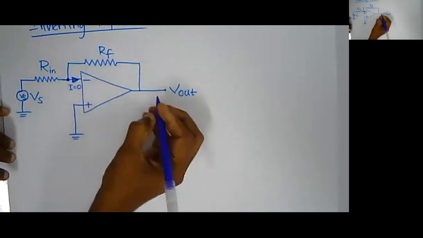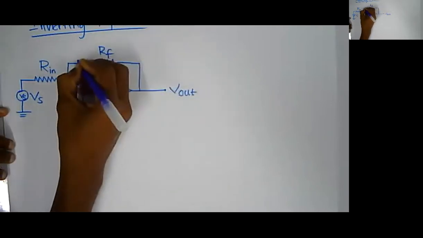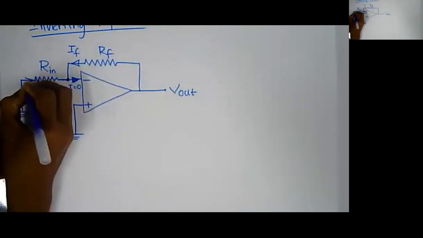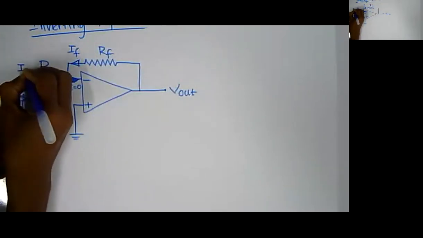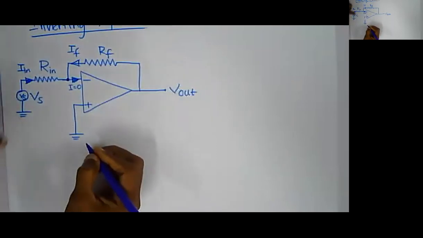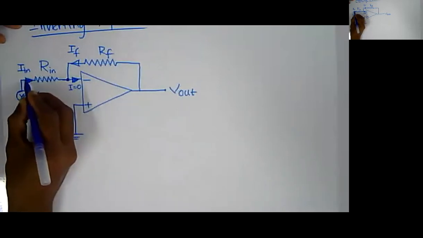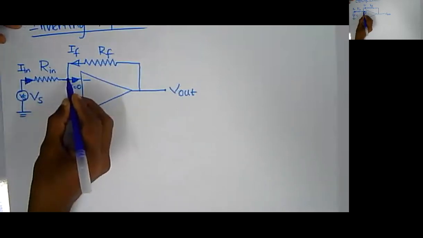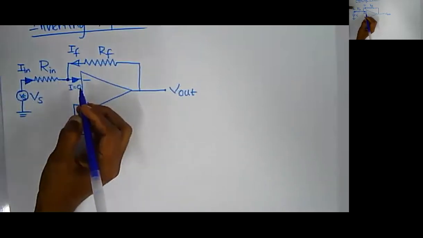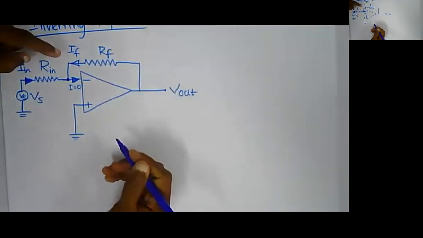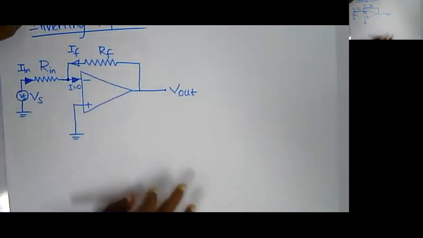So at this point, if I mark this current as If and this current as I in, there is no current going into the operational amplifier. If I apply Kirchhoff's current law at this point, I in must be equal to minus If, because this is in the opposite direction.